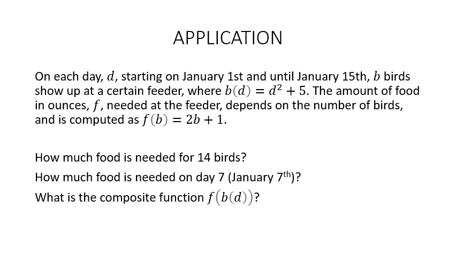So there's two different functions happening here. The birds are dependent upon the days, and the food is dependent on the birds. So we may need to use a composite function to answer questions depending on what information we have.